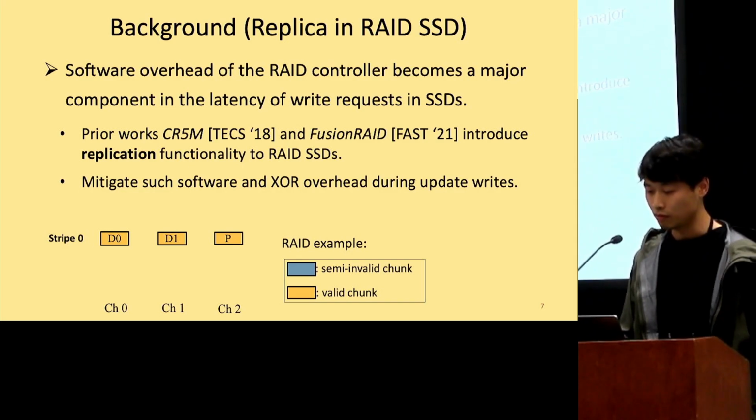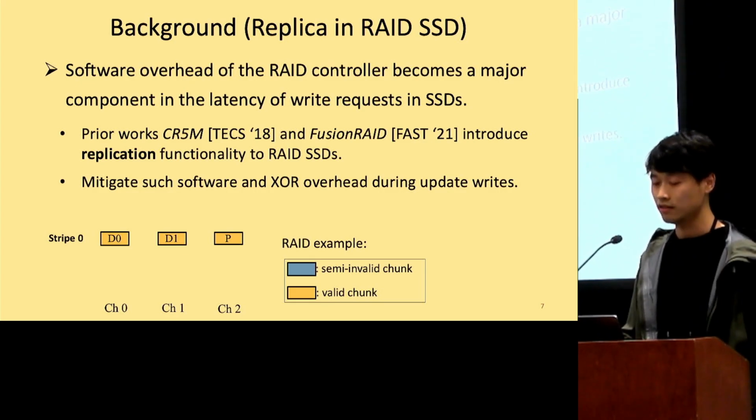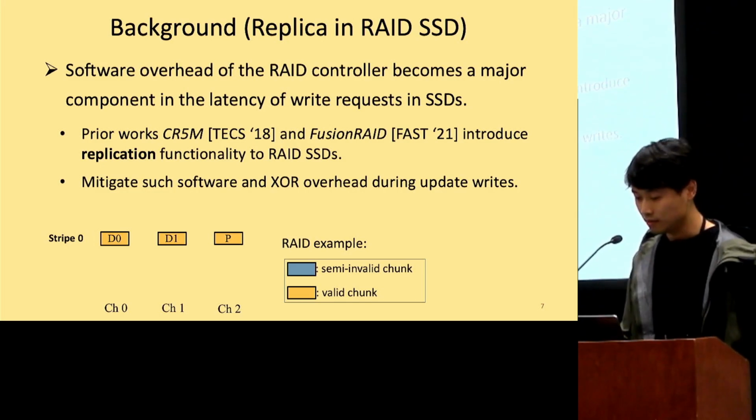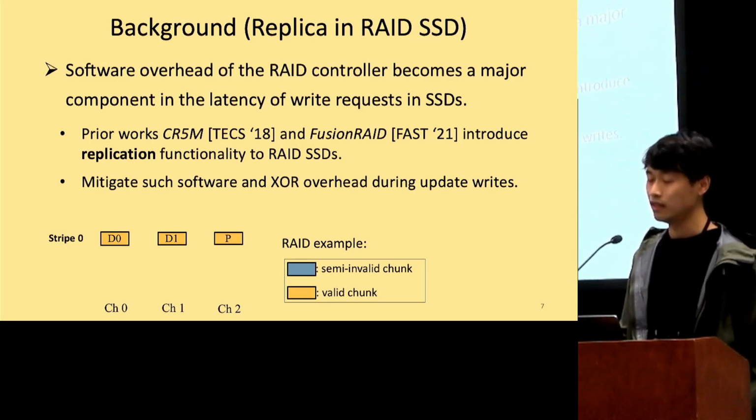Thus, the previous works, CR5M and Fusion RAID, introduce a replication functionality in the RAID SSD to mitigate such software and XOR overhead during the update write. Let's return to the example.